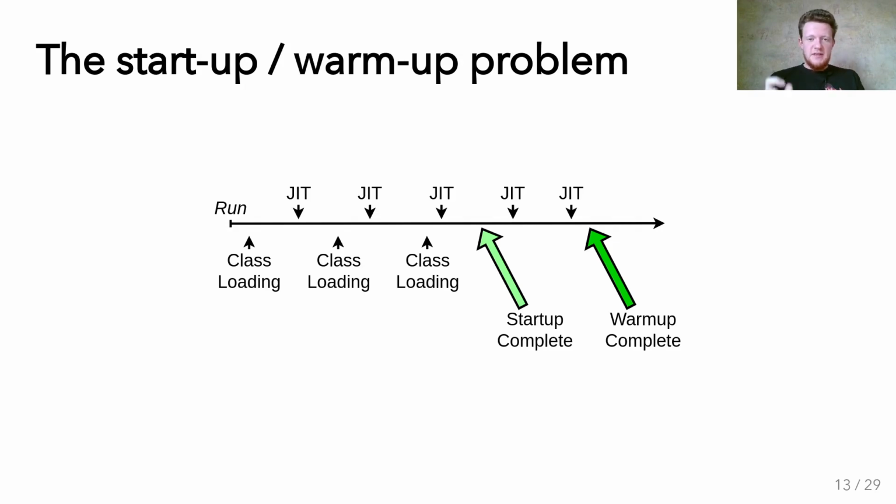But once startup is complete and your application transitions to processing some real workload, the JIT can finally compile the relevant code, and now your application is executing faster and faster. At some point, this JIT compiler activity ramps down, and the performance of your application becomes pretty flat. At that point, let's say that warm-up is complete.